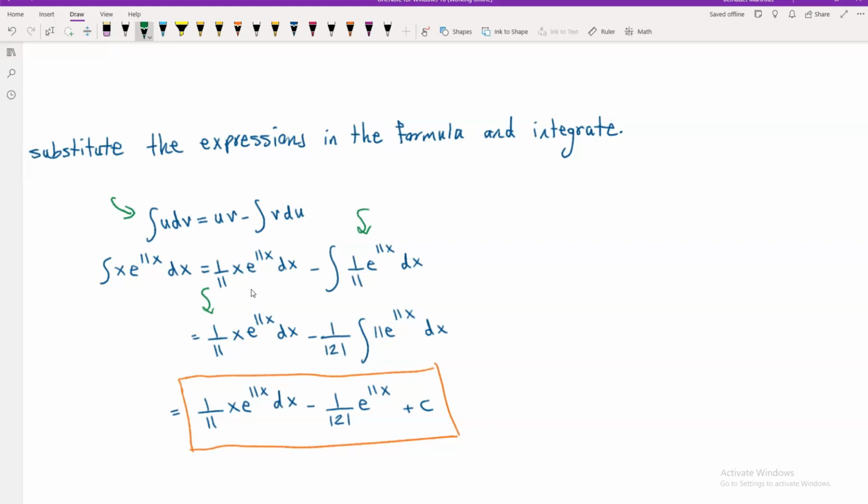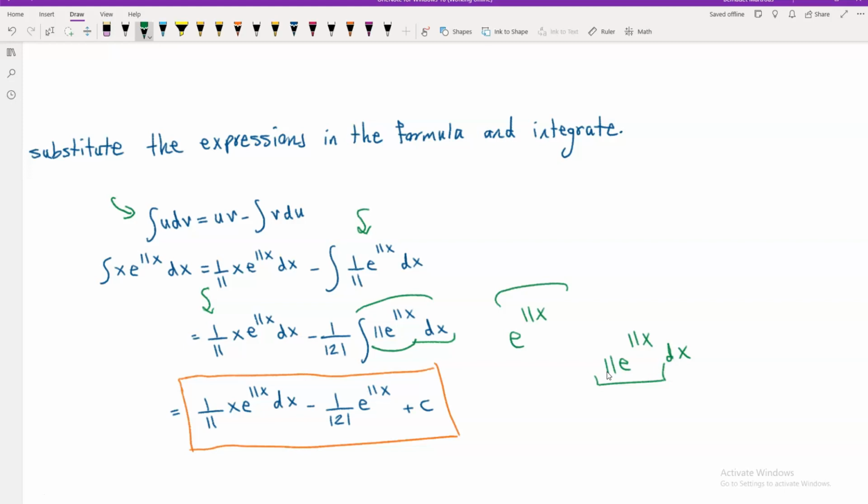So if you try to find the integral of this part, you're going to have e to the power 11x. Again, the derivative of this part is 11e to the power 11x, which is exactly what we have here. So 11 times e to the power 11x times dx is the same as what we have here.